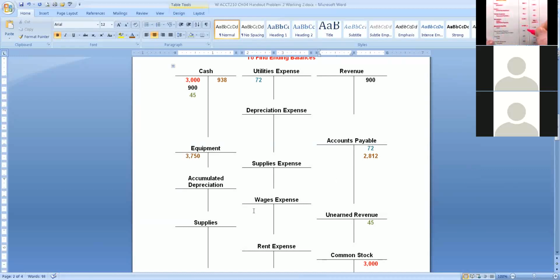Accounts payable 1,125. Debit. Make sure you get the debits and credits right. It makes a difference which side they're on.